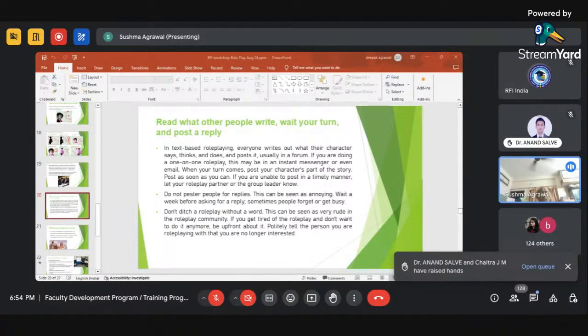If you are unable to post in a timely manner, let your role play partner or the group leaders know. This is what they expect, that whatever needs to be communicated can be done at a very fast pace, and text-based content can be transferred from one person to another. Do not pester people for replies.